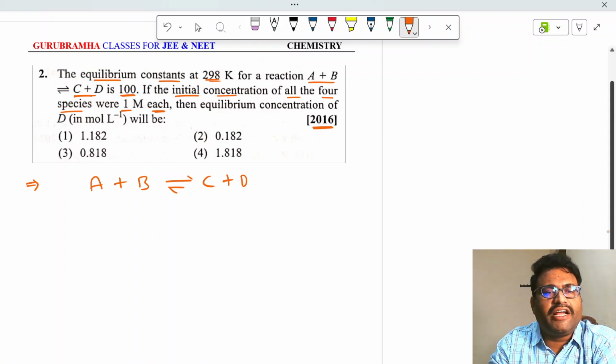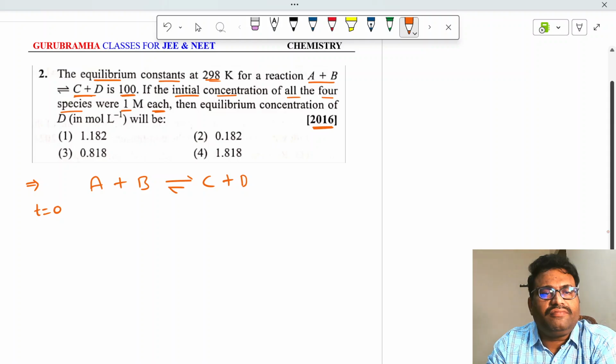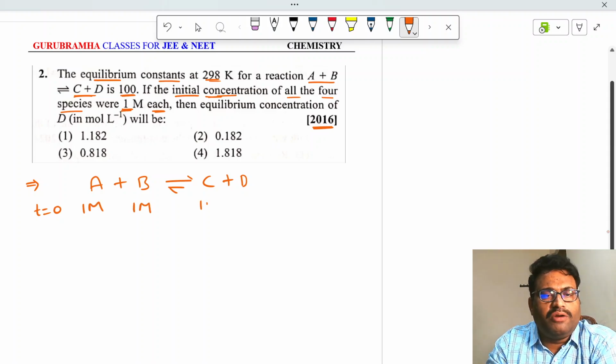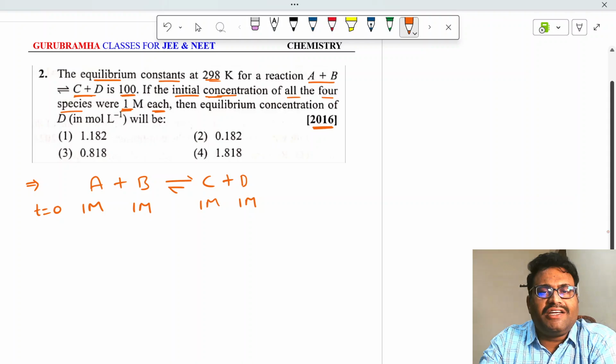Now, at time t equal to 0, that means the reaction has not yet started. The initial concentration, at time t equal to 0, of all the 4 species were 1 molar each. So 1 molar, 1 molar, 1 molar, and 1 molar. Let us consider that this is all happening in a container of volume 1 liter.